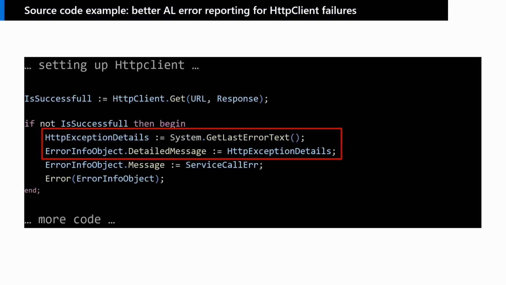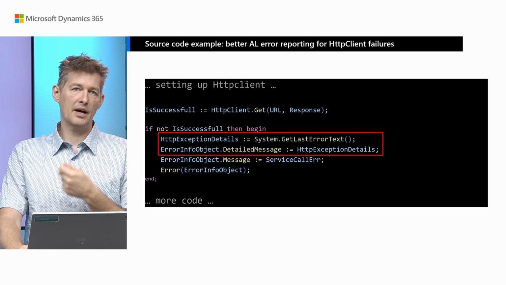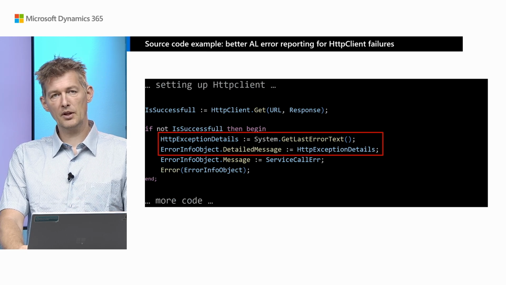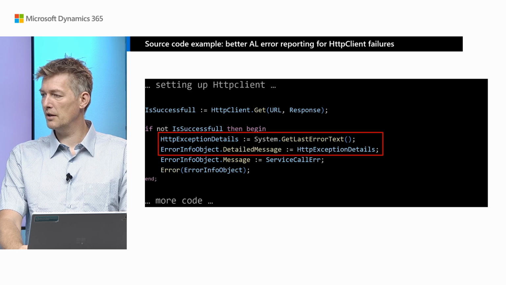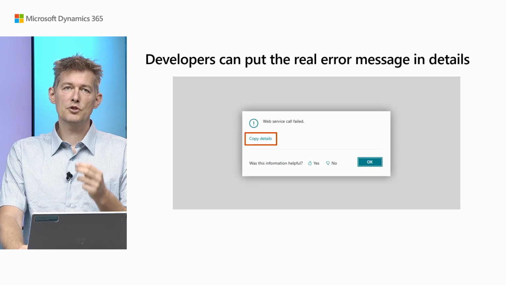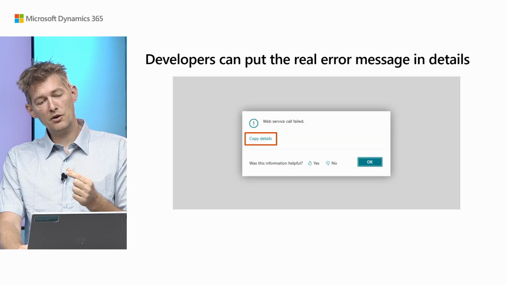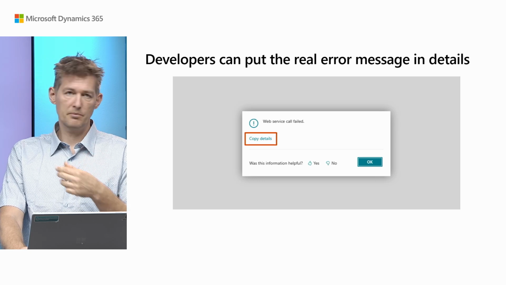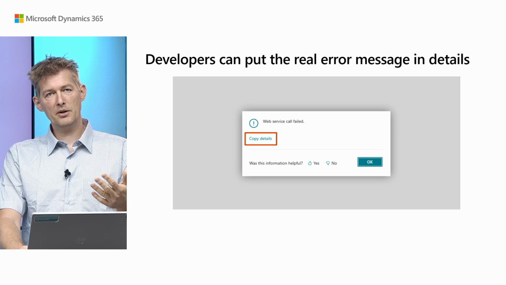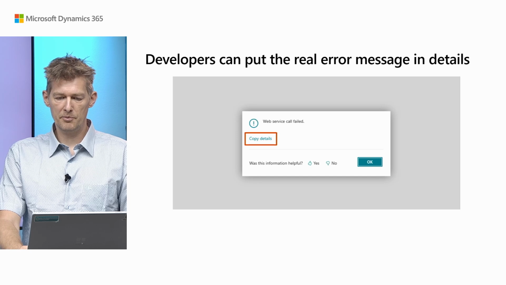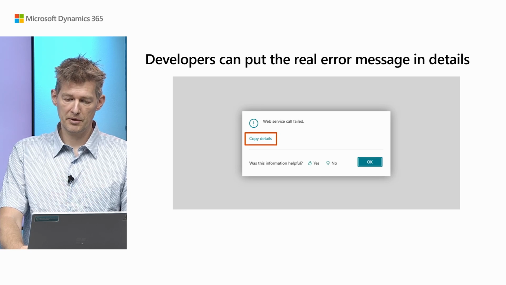If you use get last error text, you can now simply copy that into the error message. Next slide here. So that if customers are calling you with some problem, if they copy that in, you could actually get the error message and you can troubleshoot from there.